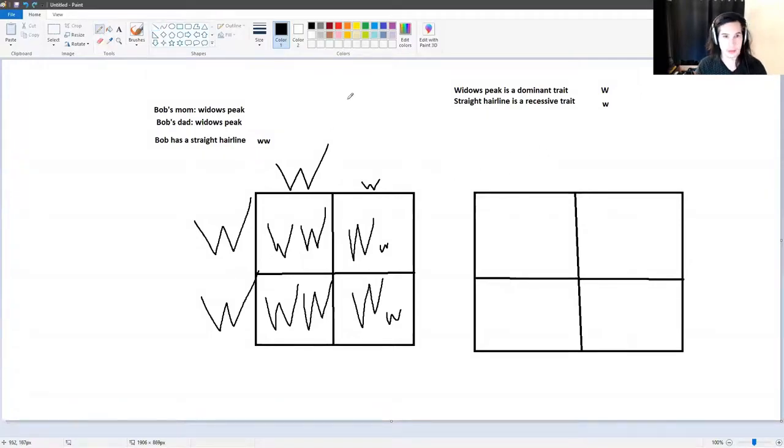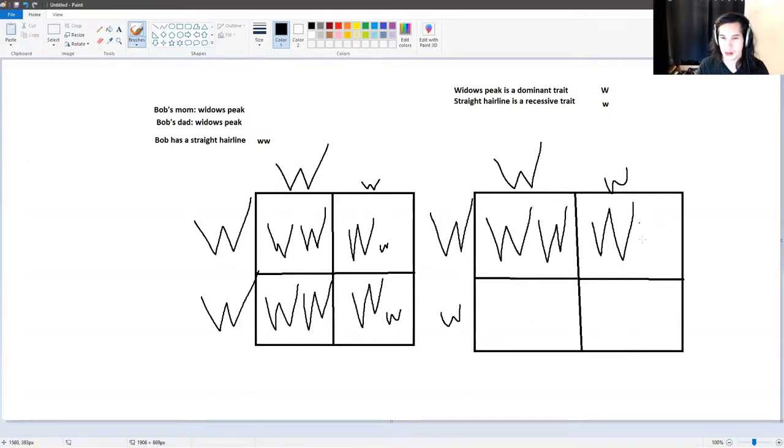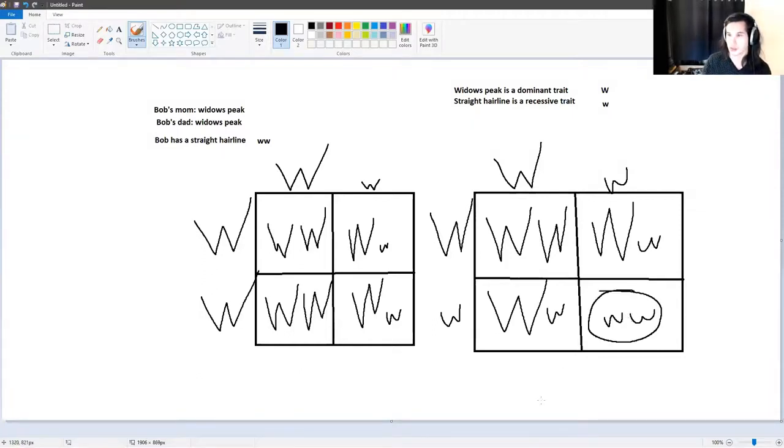I'd probably run something like this, making Bob a 25% chance of getting a straight hairline. So that would be the only option. It's critical thinking: you're working backwards rather than working forward.